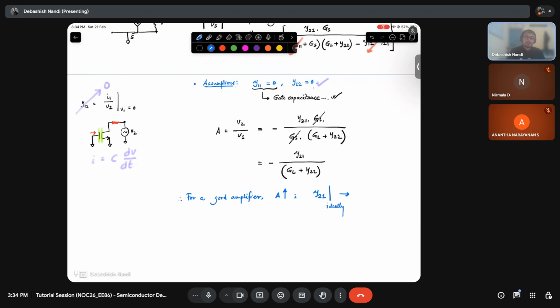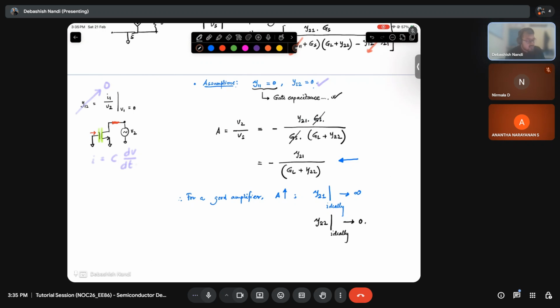From this expression, for large gain, what should be my Y21? Larger or smaller? It should be larger. Y21 must be larger. So what is the largest component ideally? Infinity, right? Yes. And what should be my Y22? Should be as small as possible. Ideally should be close to 0.